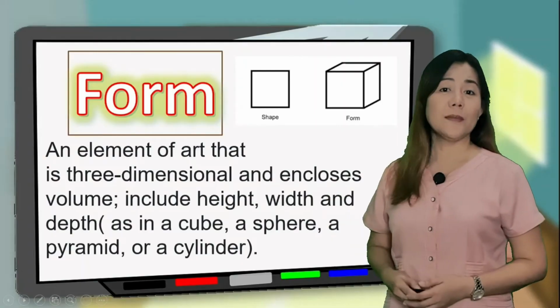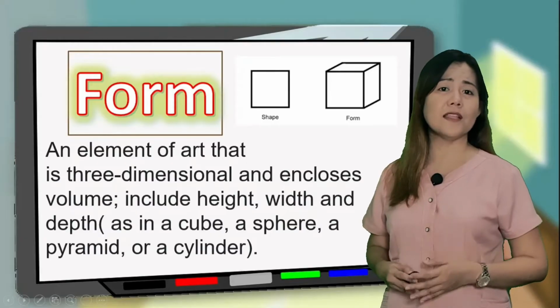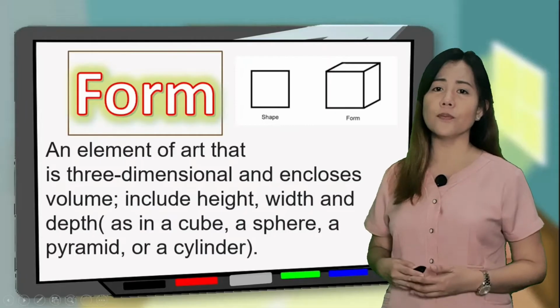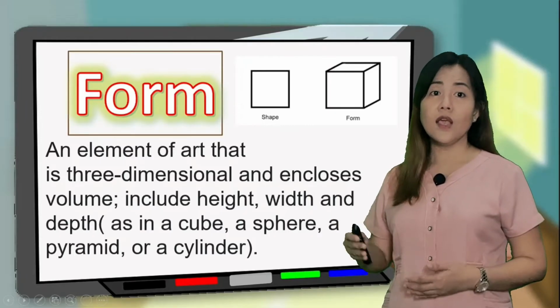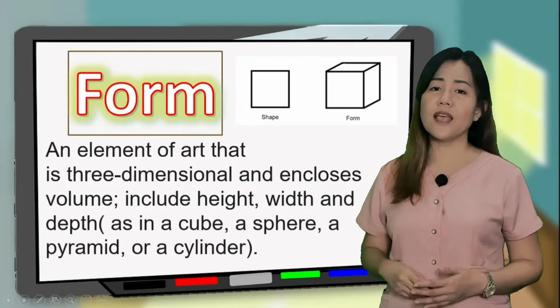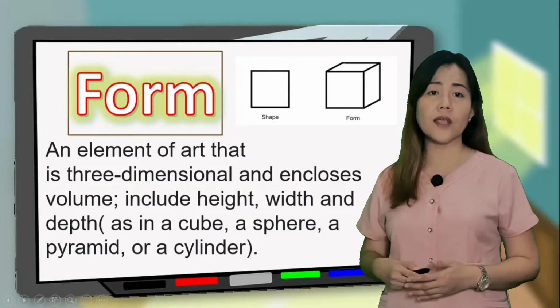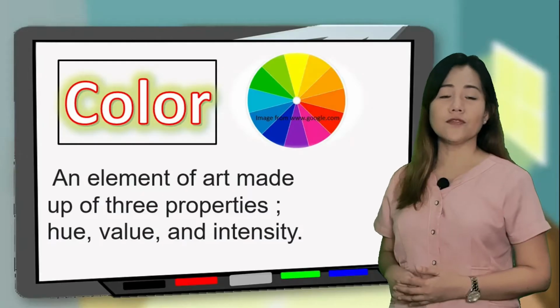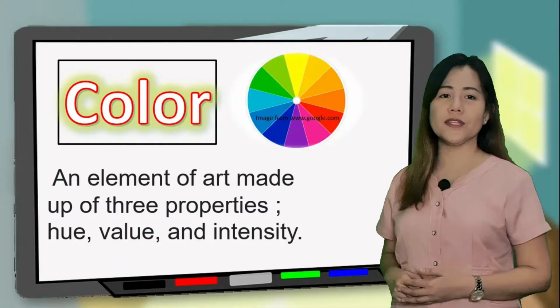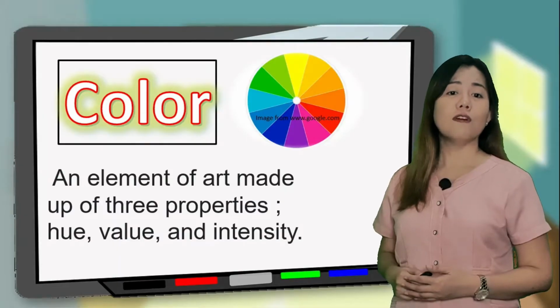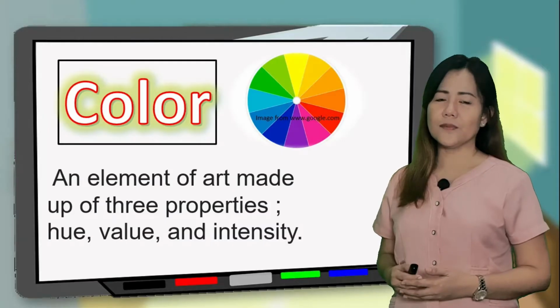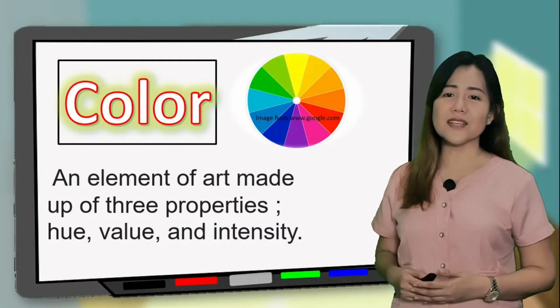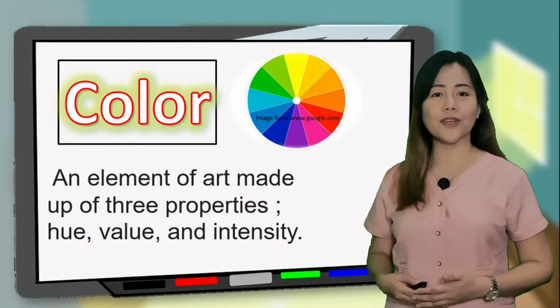Form. An element of art that is three-dimensional and encloses volume. Include height, width, and depth, as in cube, a sphere, a pyramid, or a cylinder. Color. An element of art made up of three properties: hue, value, and intensity. Color adds interest and mood to an artwork.